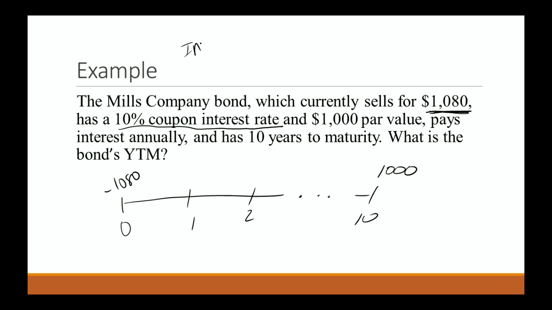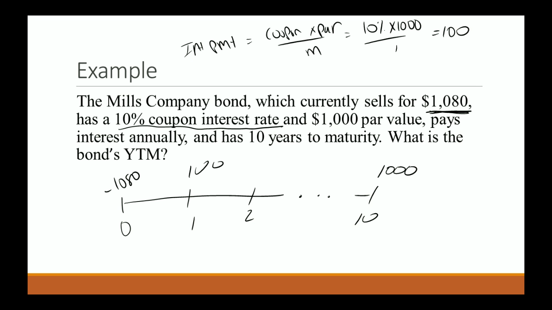So interest payment is your coupon times your par divided by compounding frequency. So it's $100. You receive $100 every year and $1,000 upon maturity.